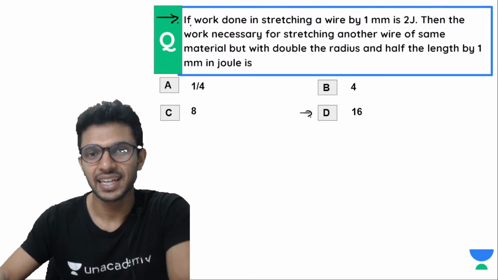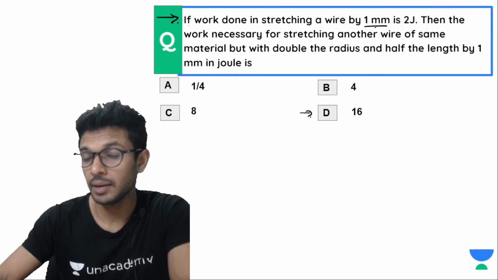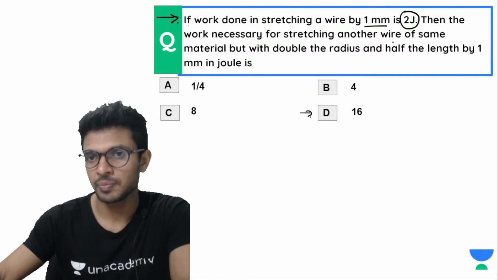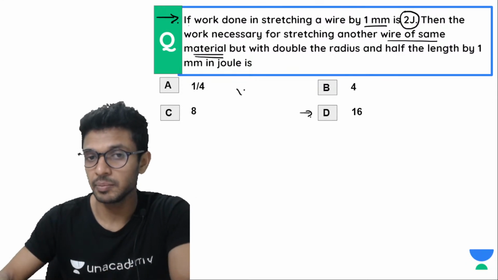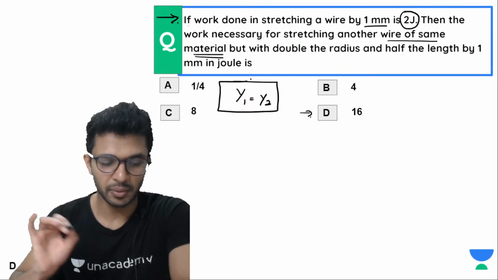Okay. Question. If work done in stretching a wire by 1 millimeter is 2 joules, then the work necessary for stretching another wire of same material. If material is same, what can you tell? The Young's modulus is same, isn't it?